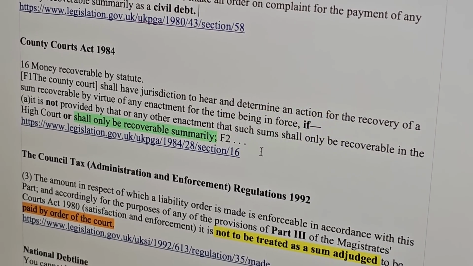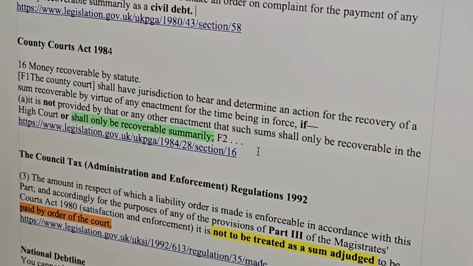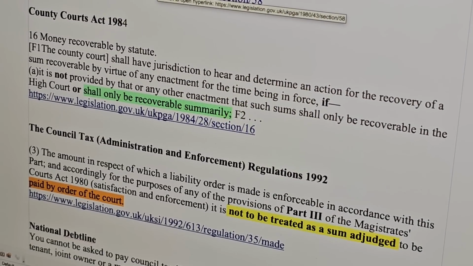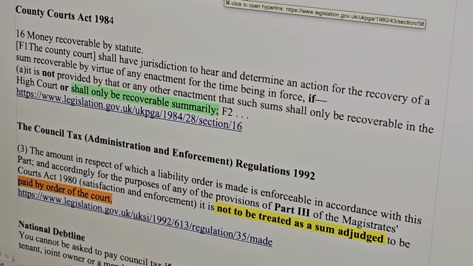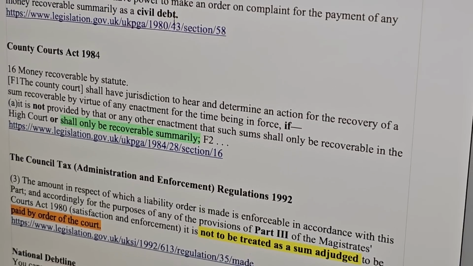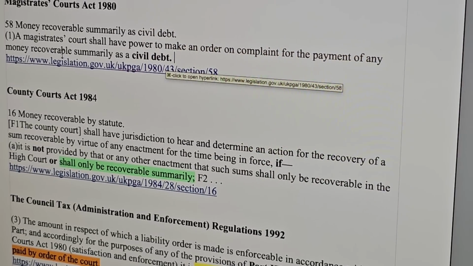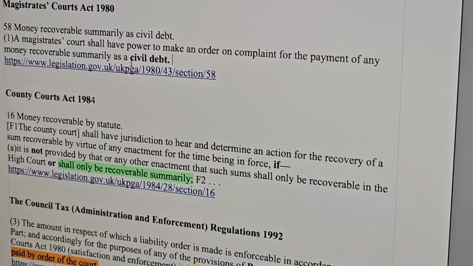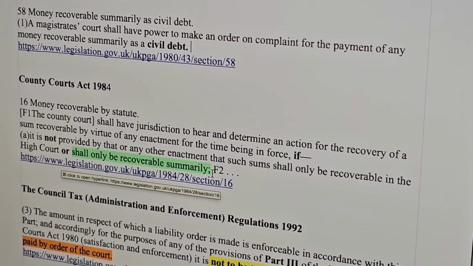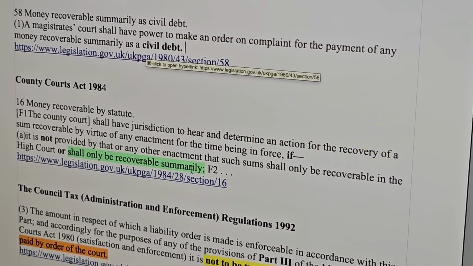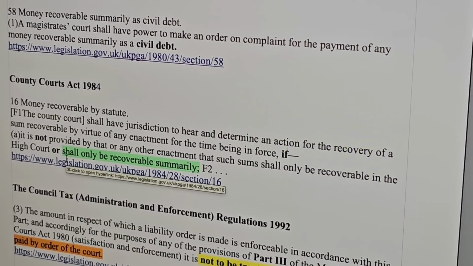But it says it is not provided. Well, it's provided in this Act that on complaint for payment of money, it's recoverable summarily as a civil debt. So there it's clear. It is recoverable as a civil debt. It means they can't do it. If they can do it there, they can't do it there. Can you see? Yep.